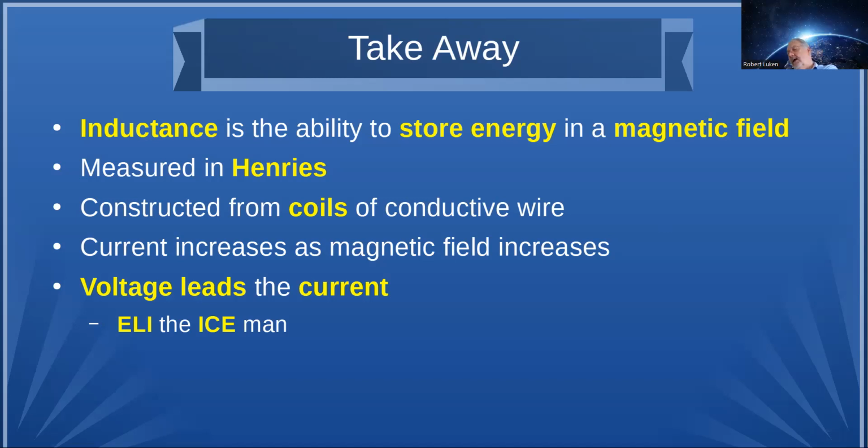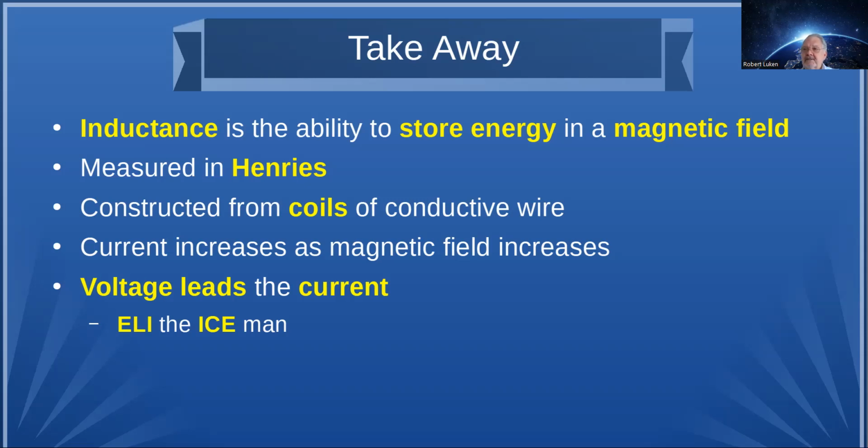Okay. Eli the Iceman. So E stands for voltage. L stands for inductor. I stands for current. So Eli means that the voltage in an inductor leads the current.